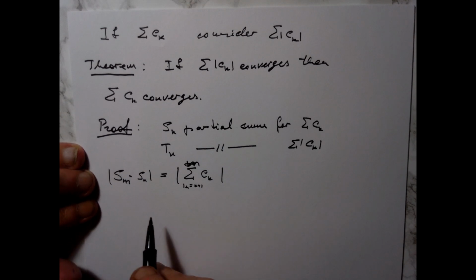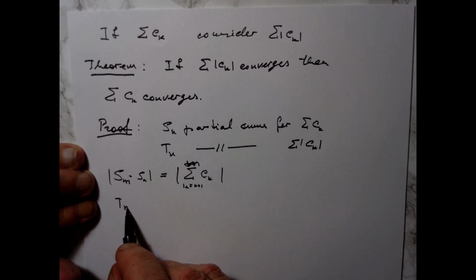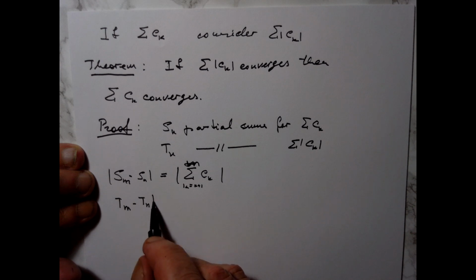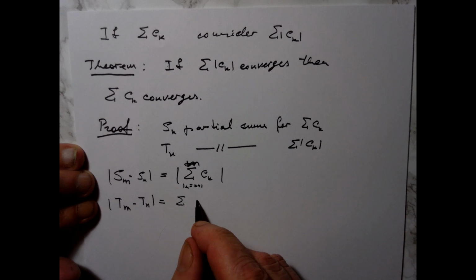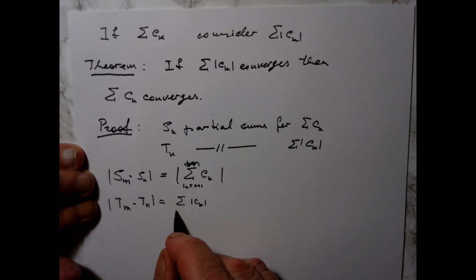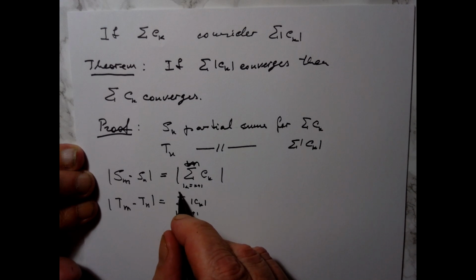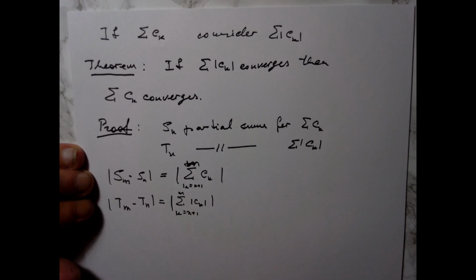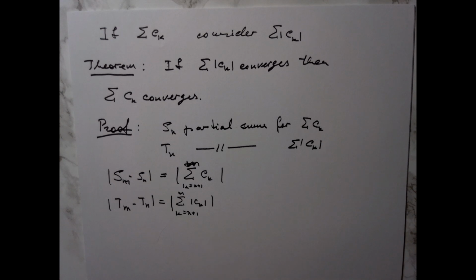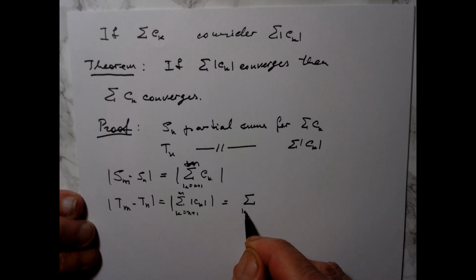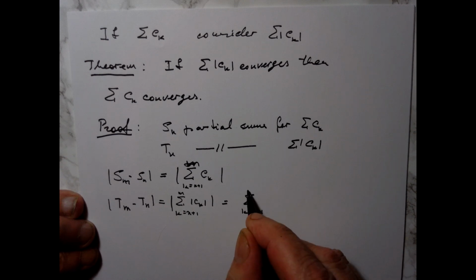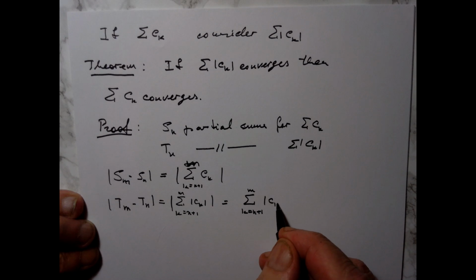Alright, now on the other hand, T_m minus T_n is equal to the sum of |c_k|, k from n plus 1 to m. And of course, all the terms with absolute values of c_k are positive, so I can just write it down as the sum k from n plus 1 to m of |c_k|.